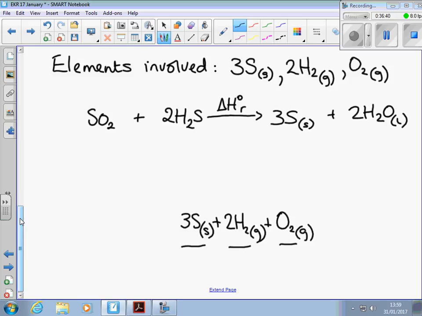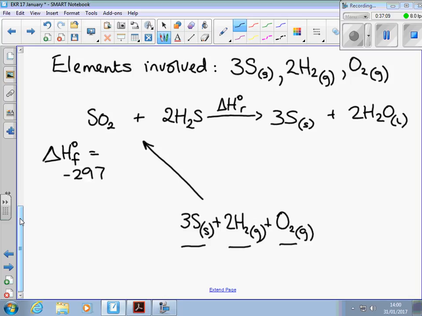So if we were to go from this lot, all of these, up this side, if we were to make sulfur dioxide and 2 H2S's, the energy involved over here is the value for sulfur dioxide, which I've given as minus 297.